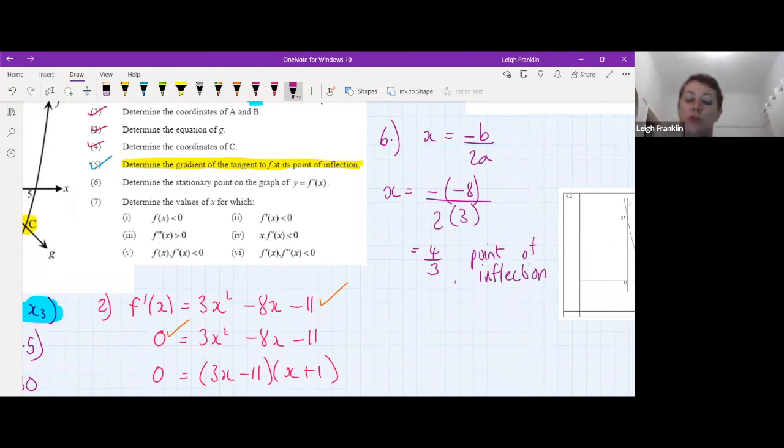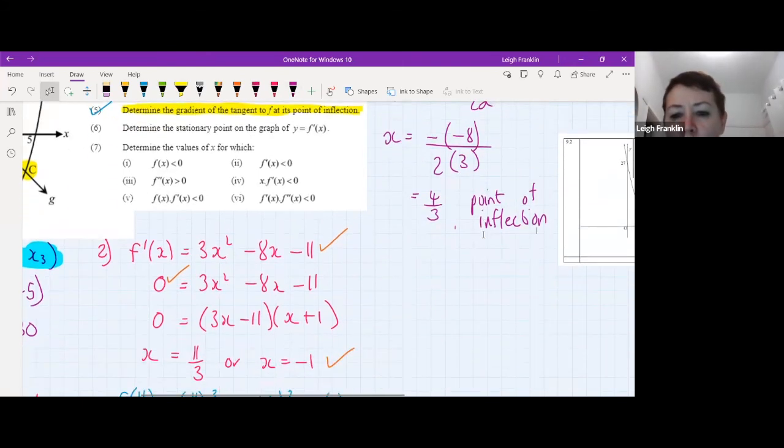So the turning point on the graph of the first derivative has the same x value as the point of inflection on the cubic. We can see that by what we've calculated. So now we have to work out what f prime 4 over 3 is.